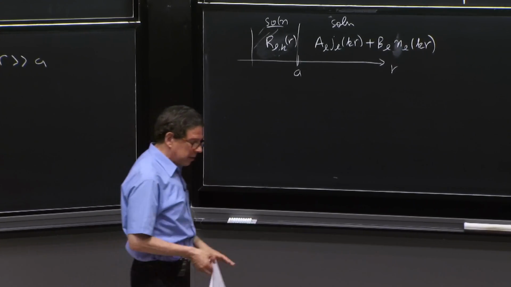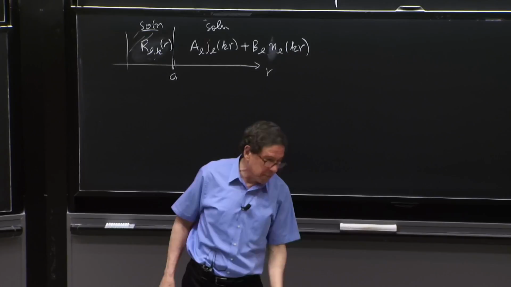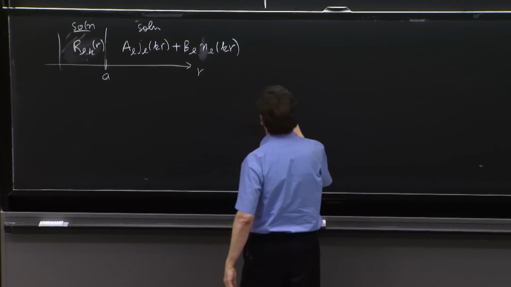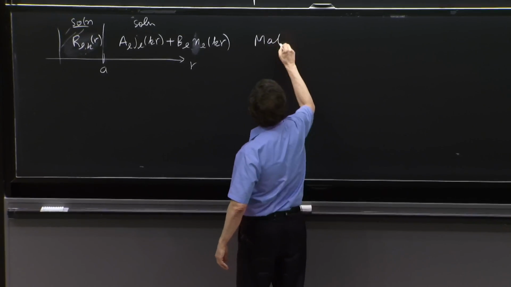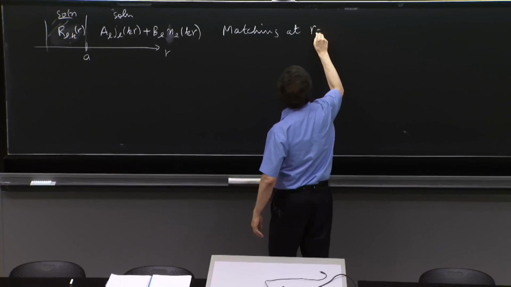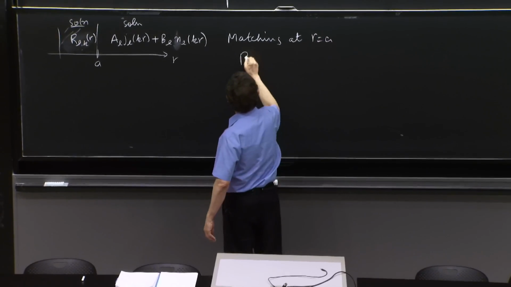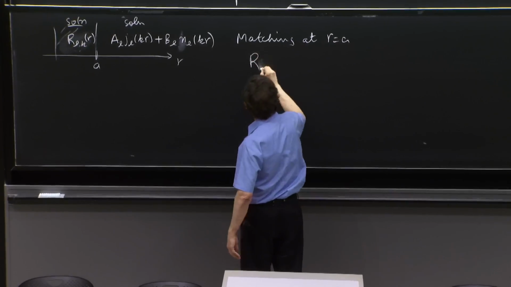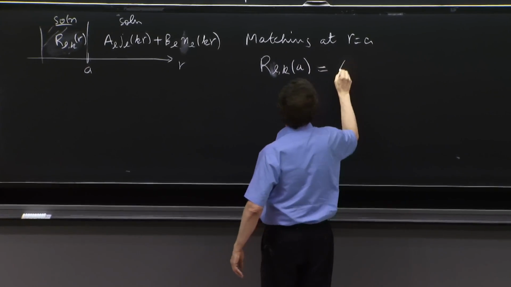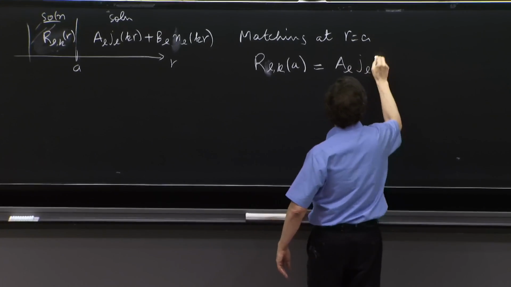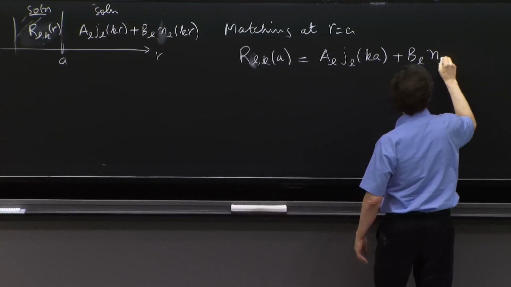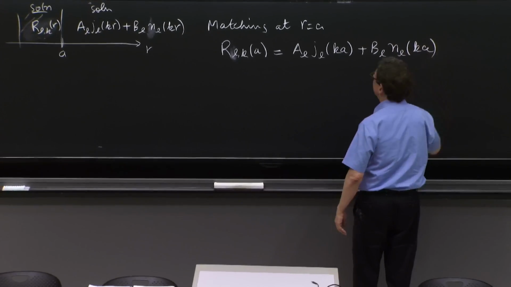And the way to do this is actually to match the wave functions and the derivatives. So matching at r equal a, you must have r R_{Lk}(a) equal to A_L j_L(ka) plus B_L n_L(ka).